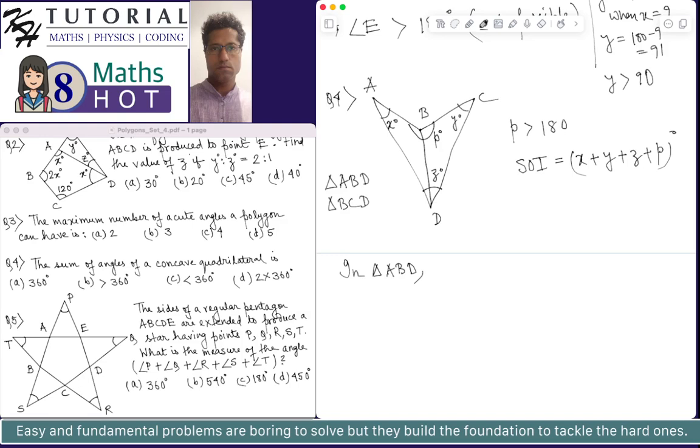I am not sure whether that formula works for concave polygon or not.